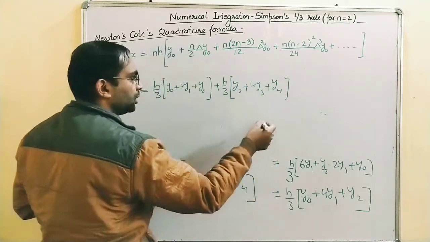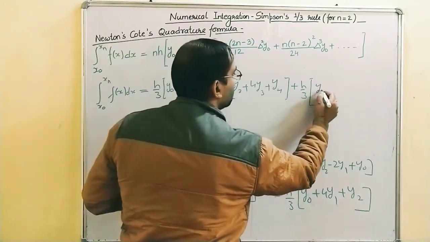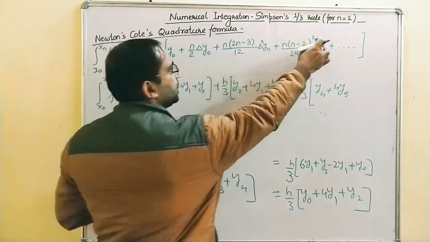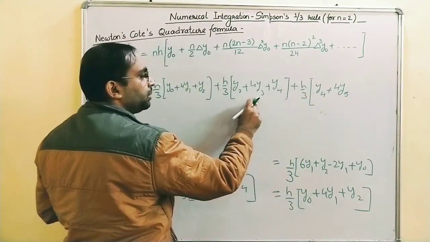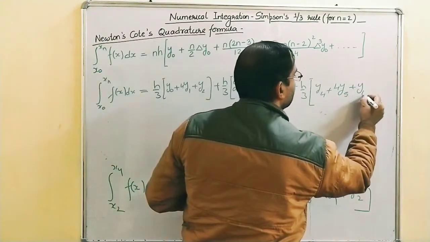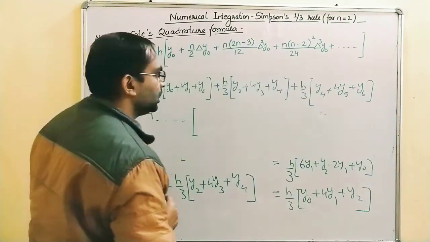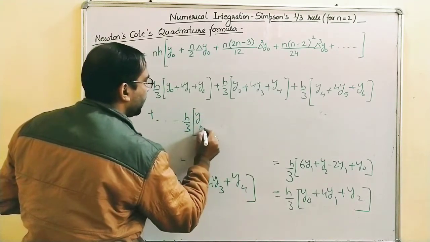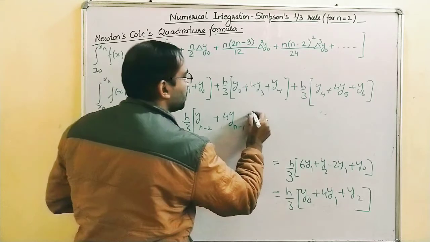Let me write one more term, plus h upon 3 [y4 plus 4y5 plus y6], as we are moving two intervals: instead of y2 we will have y4, in place of y3 we will have y5, and in place of y4 we will have y6. Plus and so on. And let me write the last term: h upon 3 [y(n minus 2) plus 4y(n minus 1) plus y(n)].